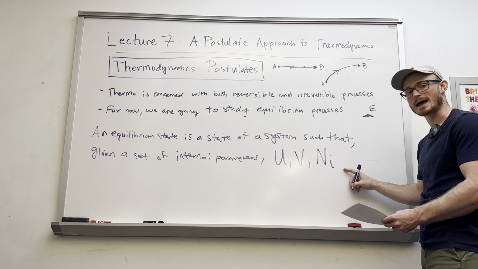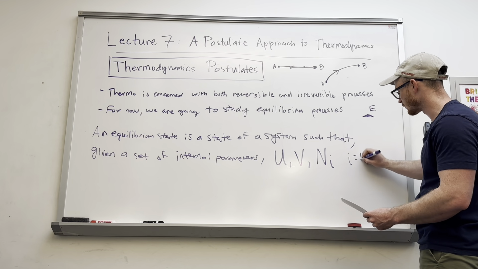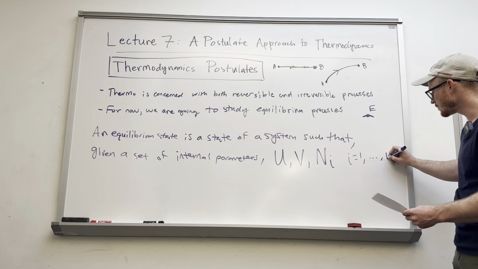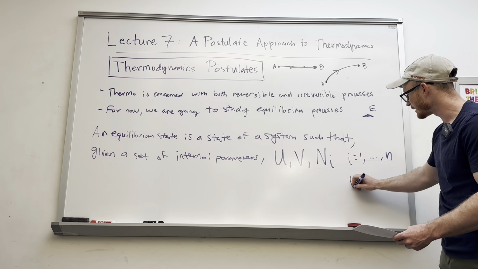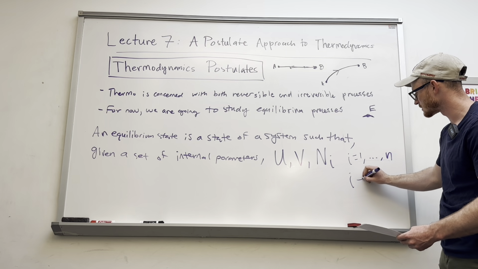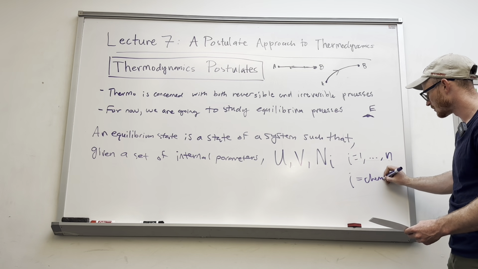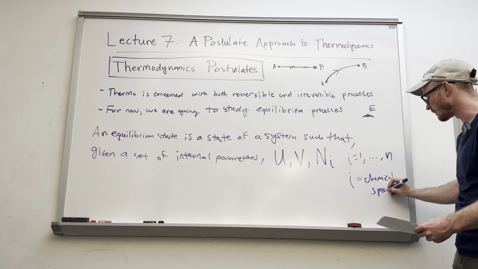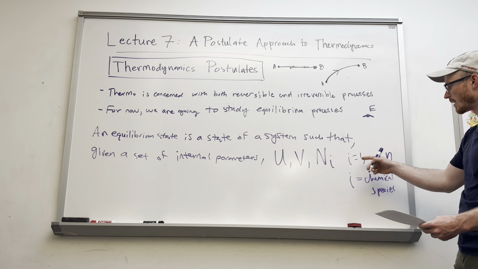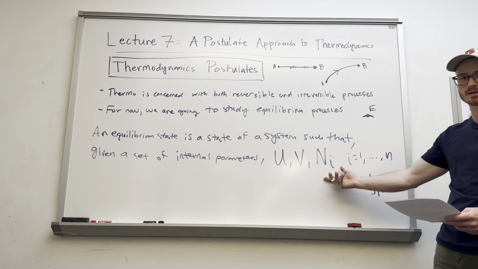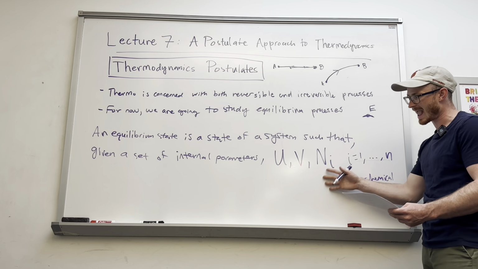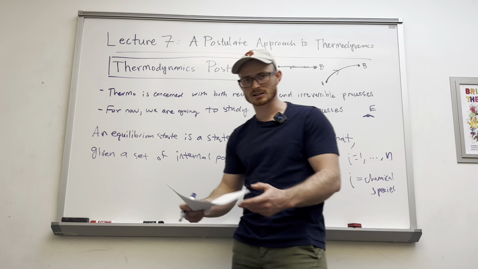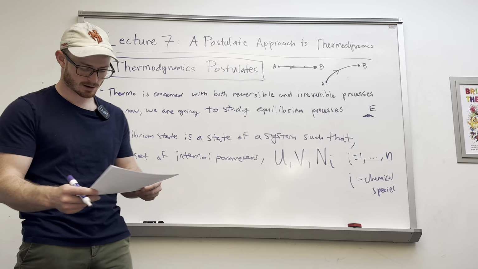So we're going to say Ni, where i ranges from 1 to N, and i is a chemical species. So if you have a mixture of something like neon and argon, you'd have two of these, and of course you're going to have N, the total number of distinct chemical species in your system, right?